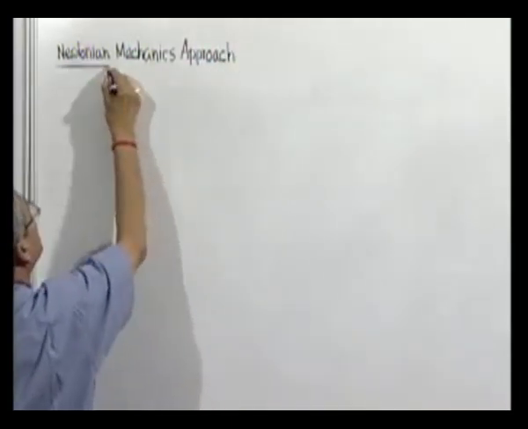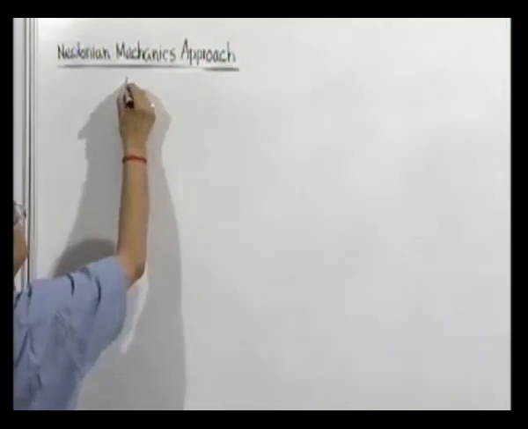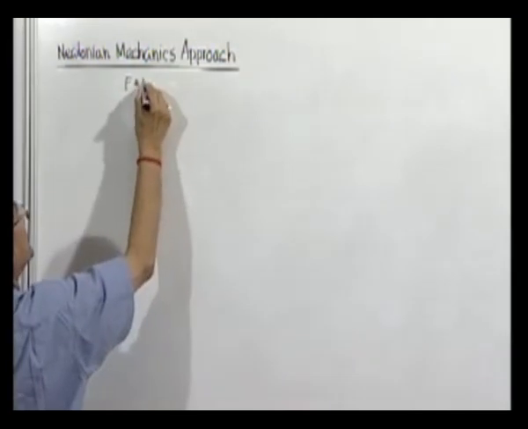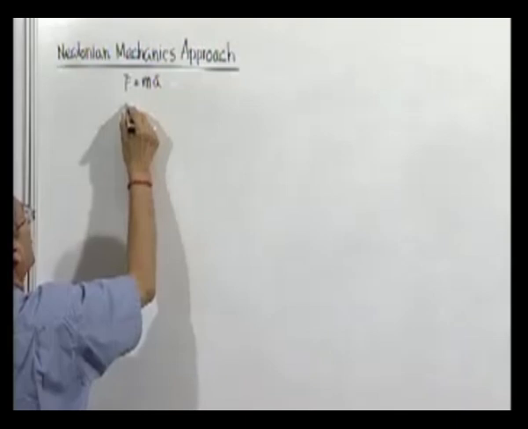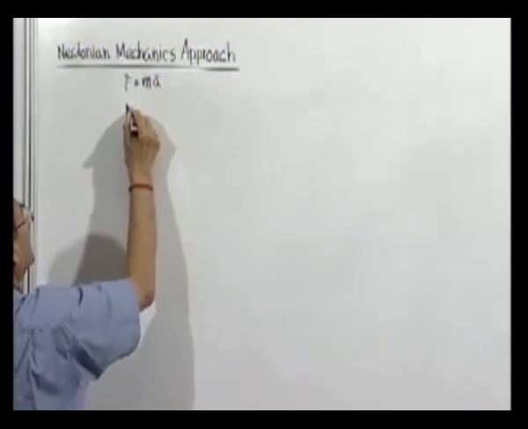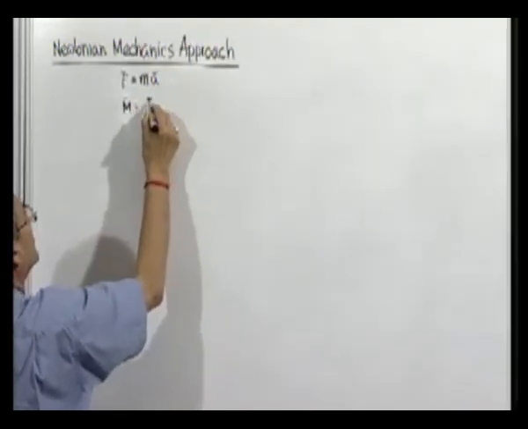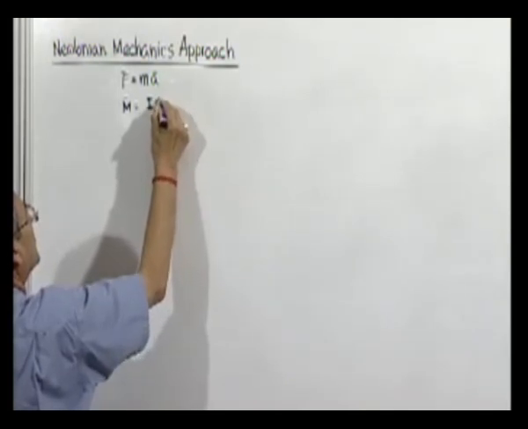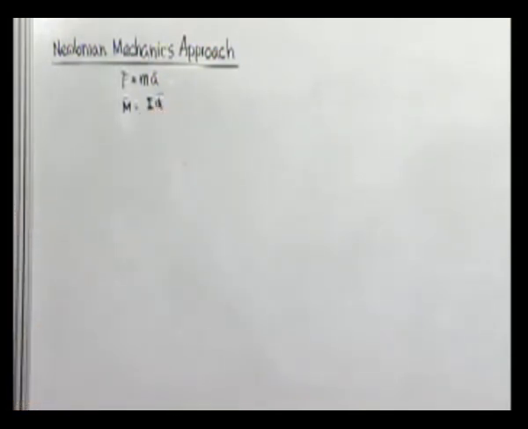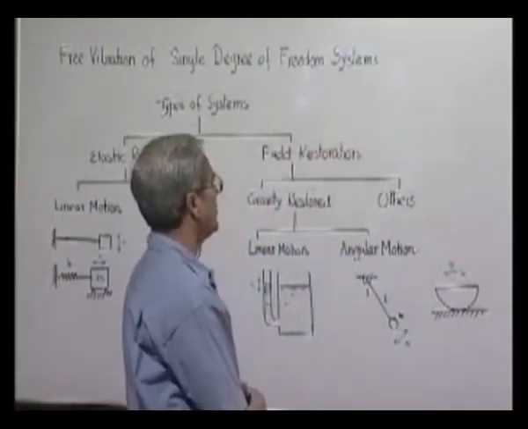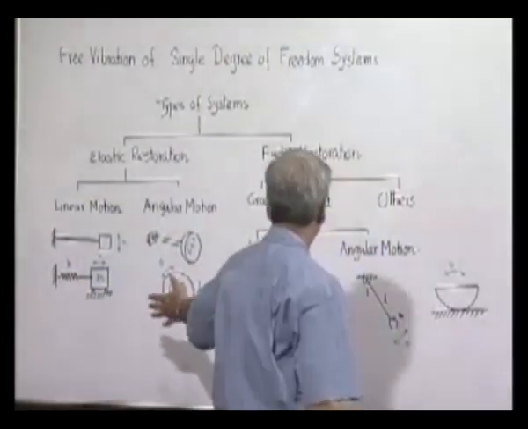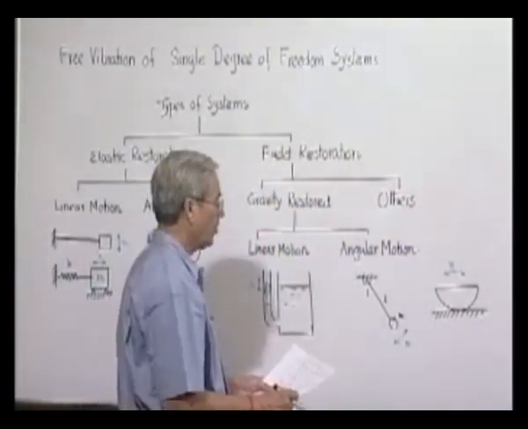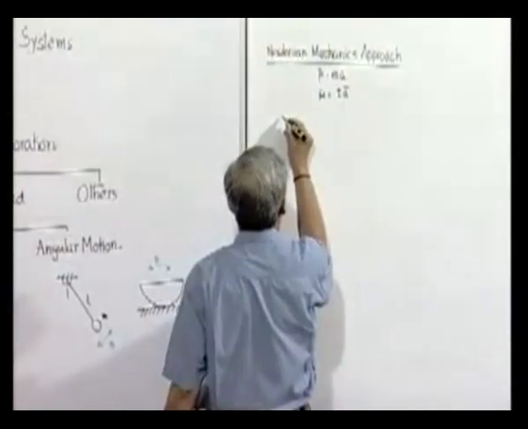Which means that we will use the relationship force is equal to mass into acceleration, or torque is equal to moment of inertia into angular acceleration. Both are the commonly known forms of Newton's laws, and we will use these laws and try to solve these problems. So what we will do is try to find out first the basic equations of motion.